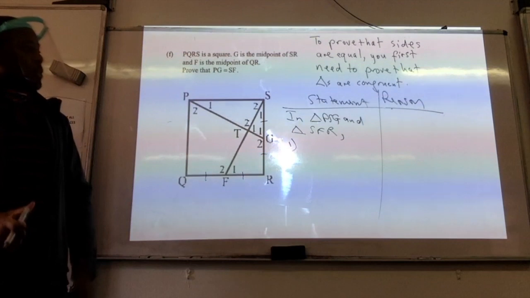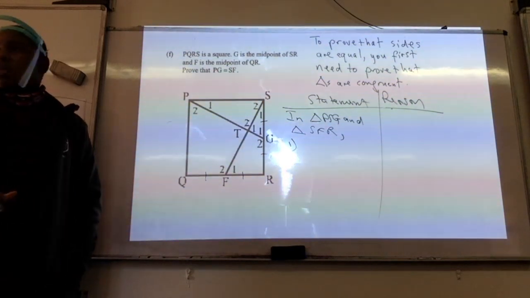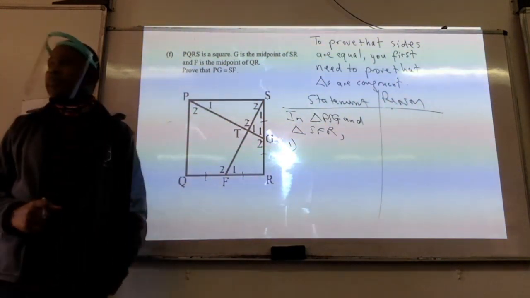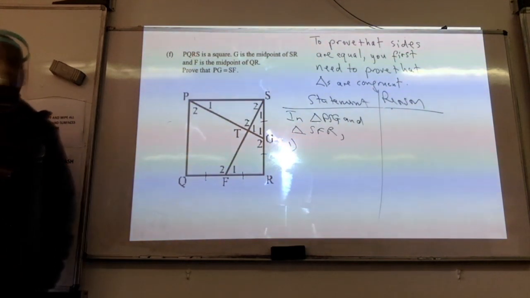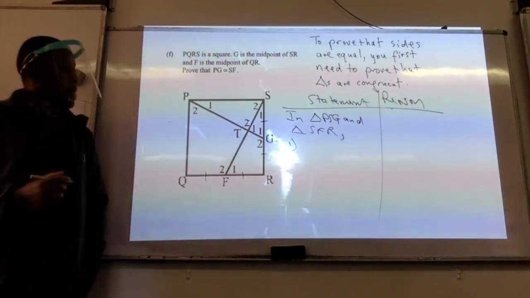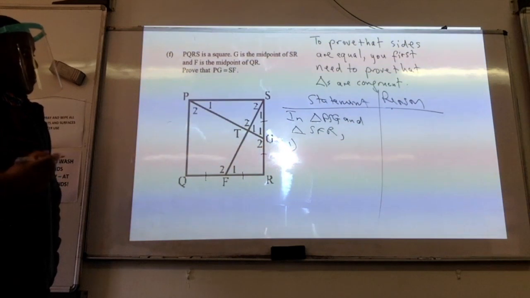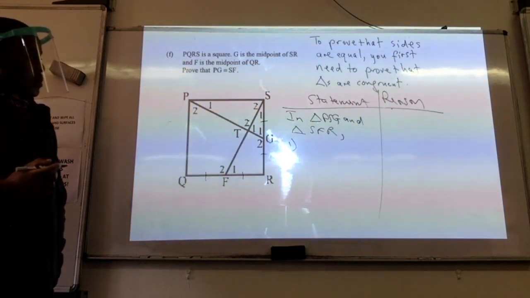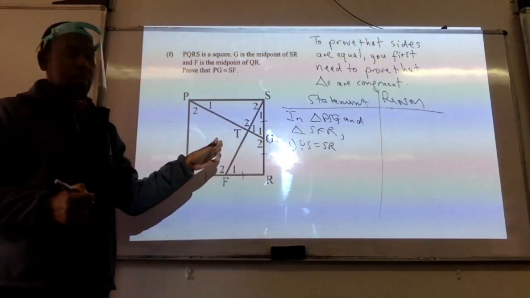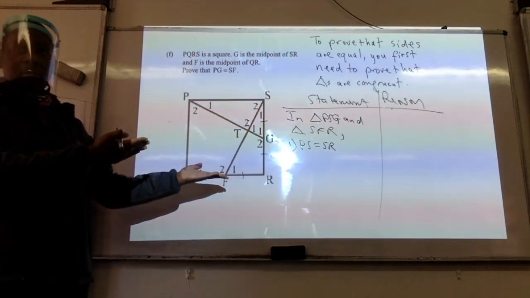In these two triangles, what do you notice? It could be SR is equal to PS, or PS is equal to SR. Okay, it doesn't matter. So you want to say PS is equal to SR. That's right. Okay, tell me why you are saying that.